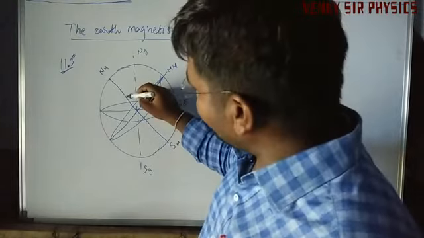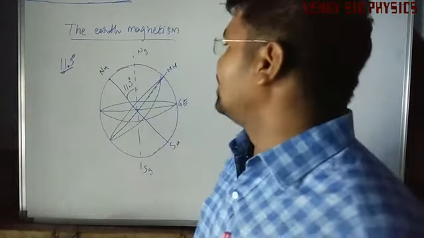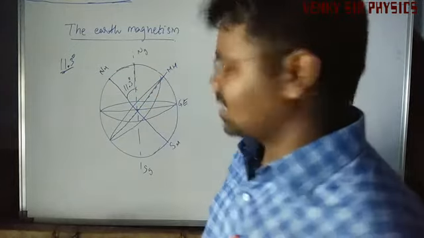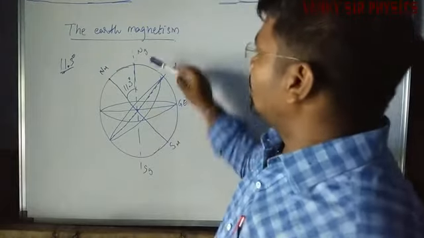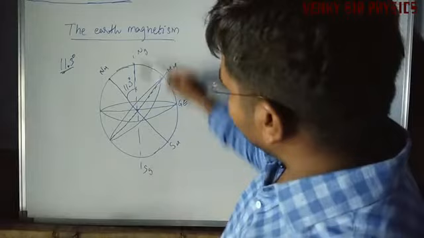Here the angle, according to this, is 11.3 degrees. The geometrical north of earth is north to south.